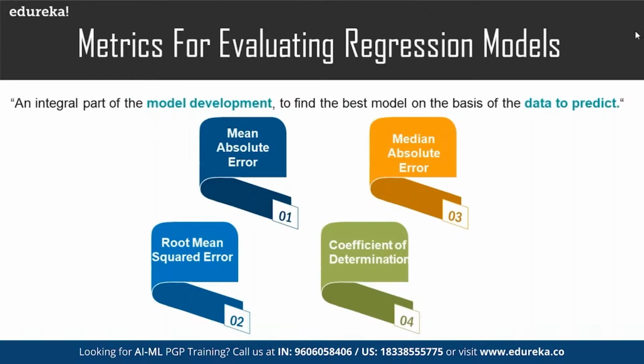So RMSE is nothing but the error, and how do we get to yield such a result? How do we get that error?